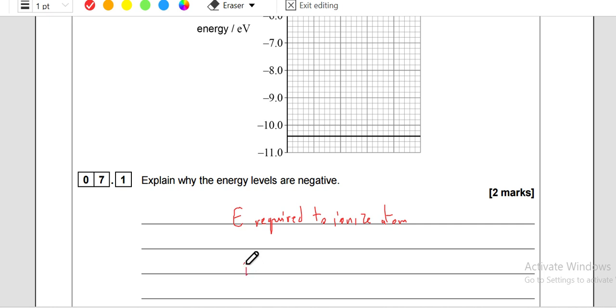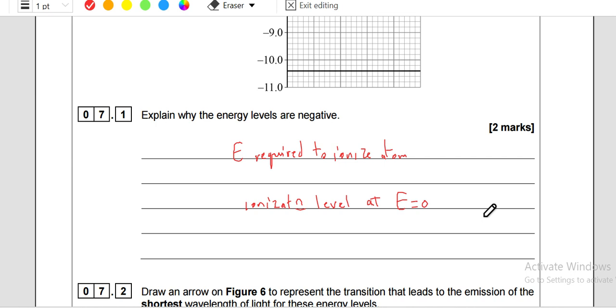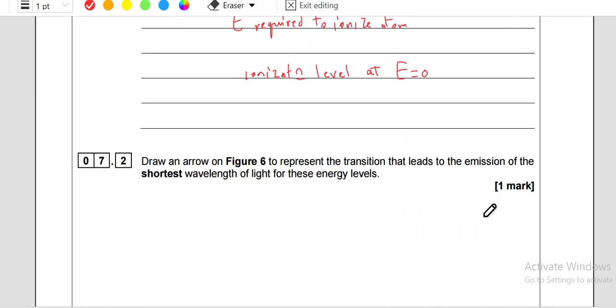So the ionization level, at which the electron will be when ionization occurs, is at E equals 0. So the shortest wavelength is the highest frequency or the highest energy.